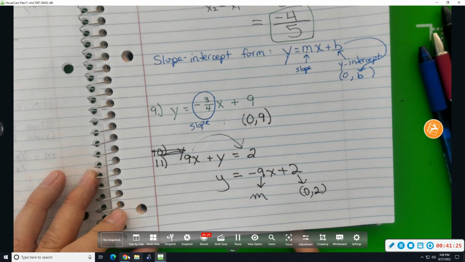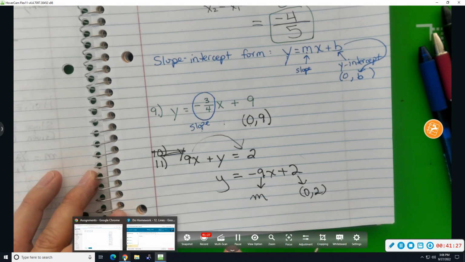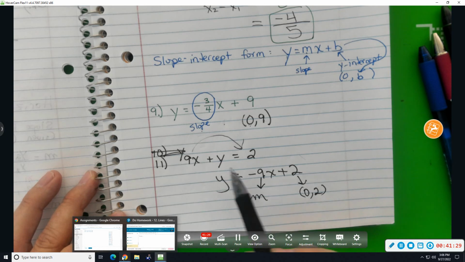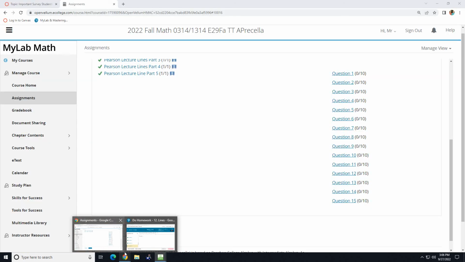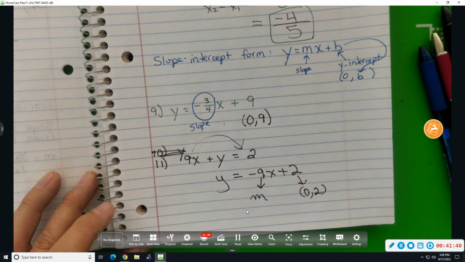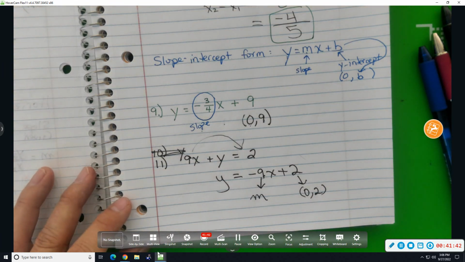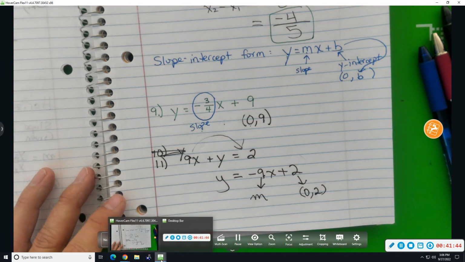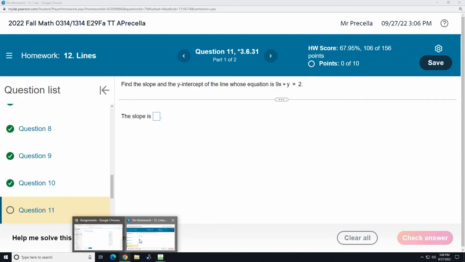Any questions there? If your equation is not solved for y, you need to solve for y, and then the number in front of x is the slope. That constant there is the y-coordinate of the y-intercept. Okay, so slope negative 9, y-intercept 0, comma 2. Let's see if I can type that in.